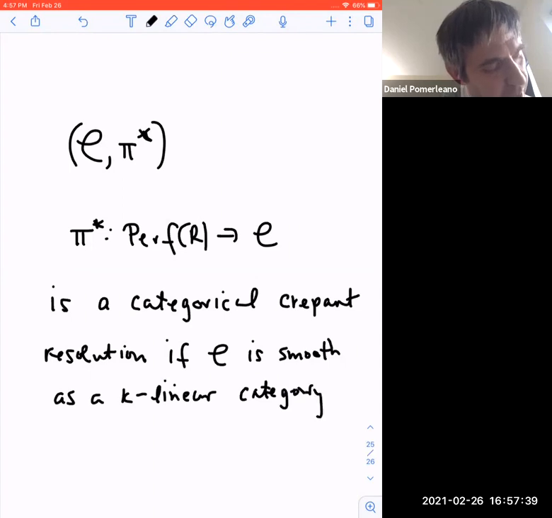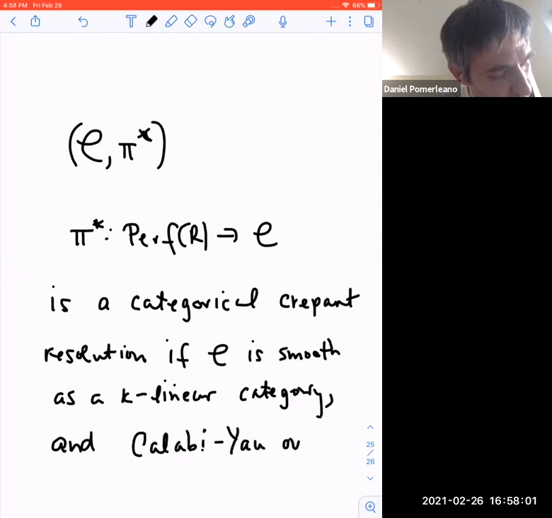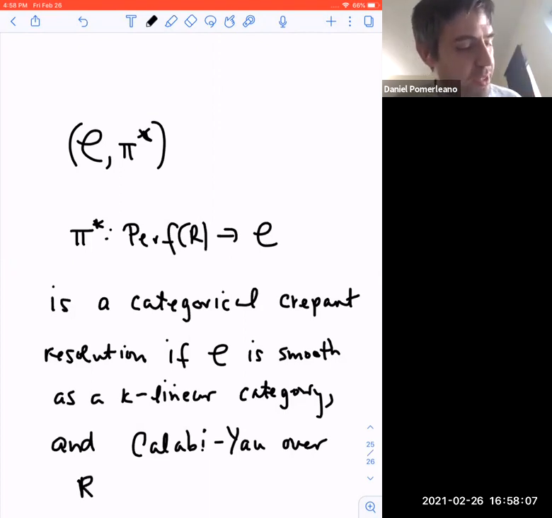So I'm assuming that R is some commutative K-algebra. And I want C to be smooth as a K-linear category, and relatively Calabi-Yau over R.